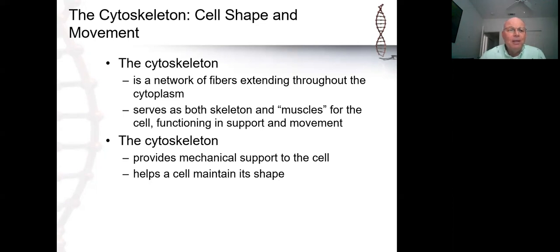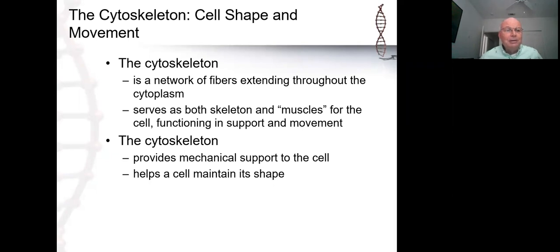And that is the nature of the cytoskeleton in cells. It's not rigid, it is actually quite flexible. And when we see cells, particularly eukaryotic cells, changing shape, that change in shape is driven by the cytoskeleton. So right there, we see the lack of rigidity in the cytoskeleton, but it still helps the cell maintain its shape, and through its flexibility, it can allow the cell to change shape.